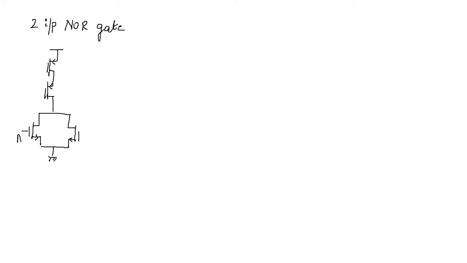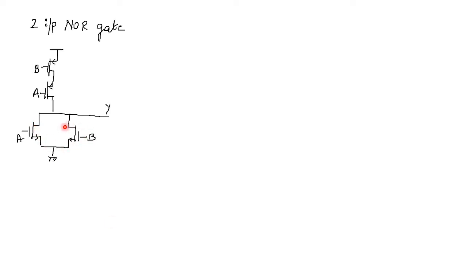So this is A, this is B, here this is A, and this is B, and this is the output Y. Here we size the transistors again such that we have worst case equal charge and discharge currents.